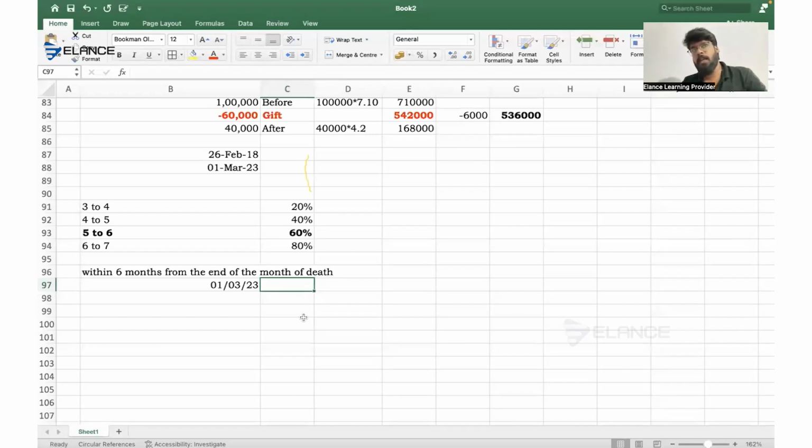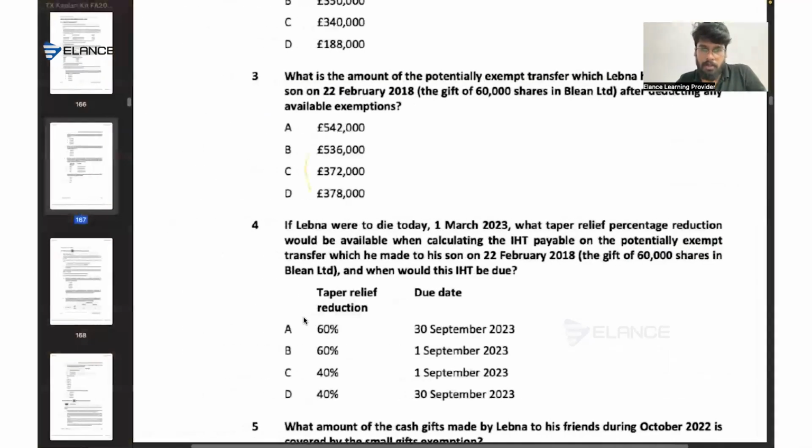So counting 6 months from 31st March, we get 30th September 2023. It will be the due date. So 30th September 2023, and the answer will be option A.